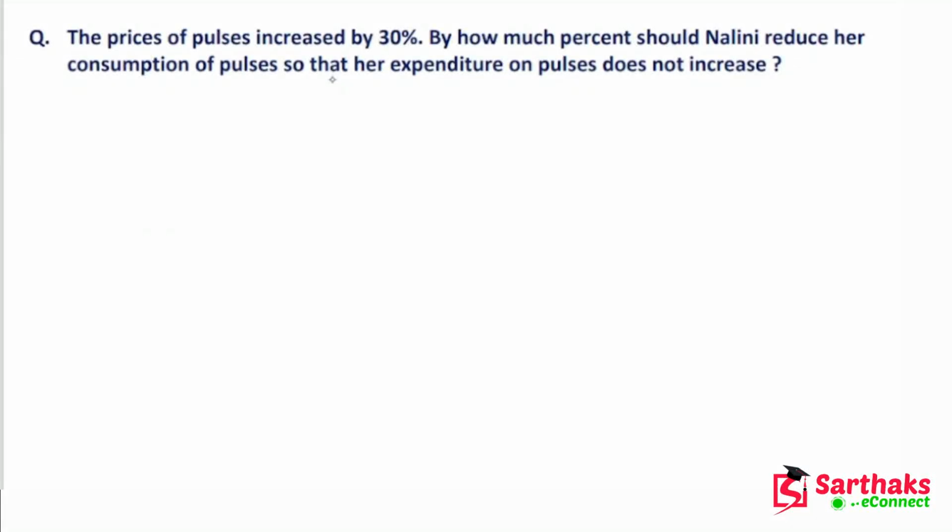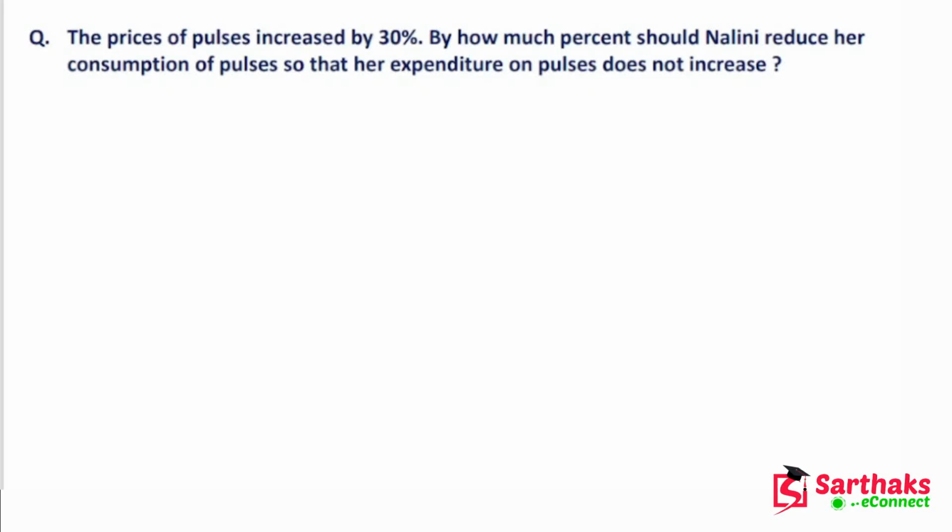Now this question says that the prices of pulses increased by 30%. By how much percent should Nalini reduce her consumption of pulses so that her expenditure on pulses does not increase? Okay, so if she spends suppose 100 rupees, now it has increased by 30%, so now she has to spend 130 rupees, simple.